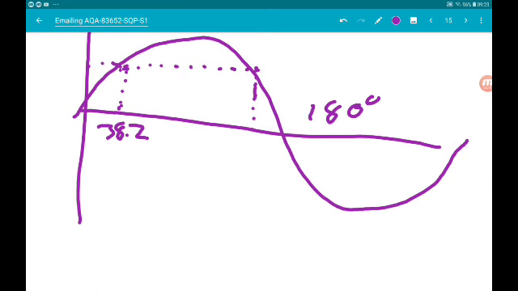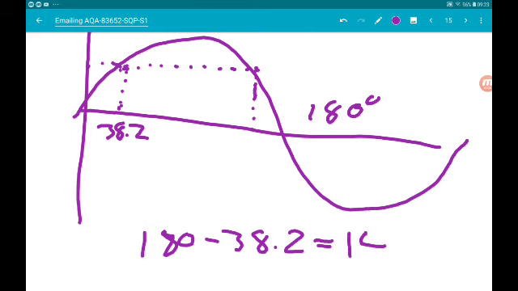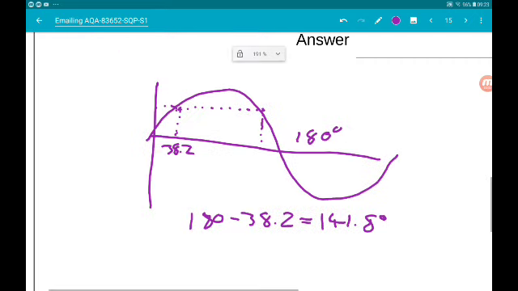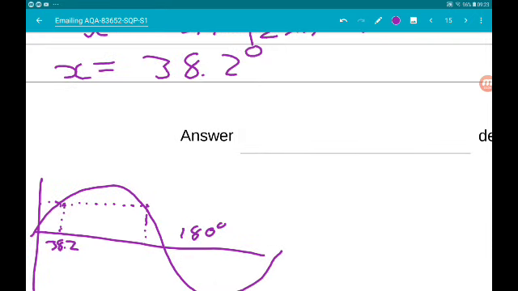So to get this next solution, we do 180 minus 38.2, and that gives us 141.8. So that would be the one that we want. Cool.